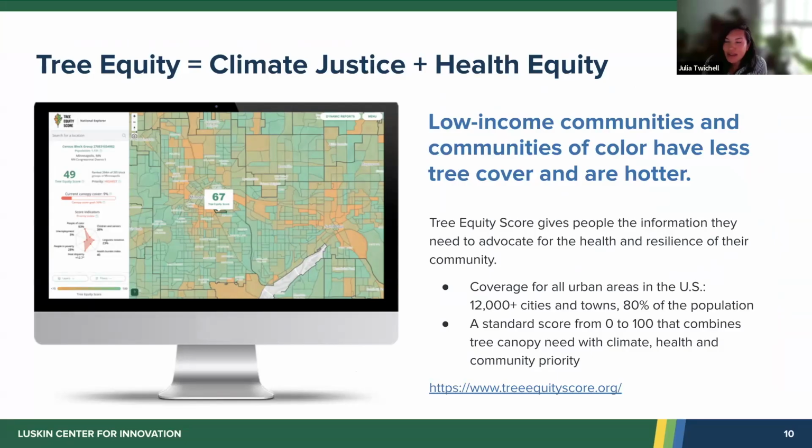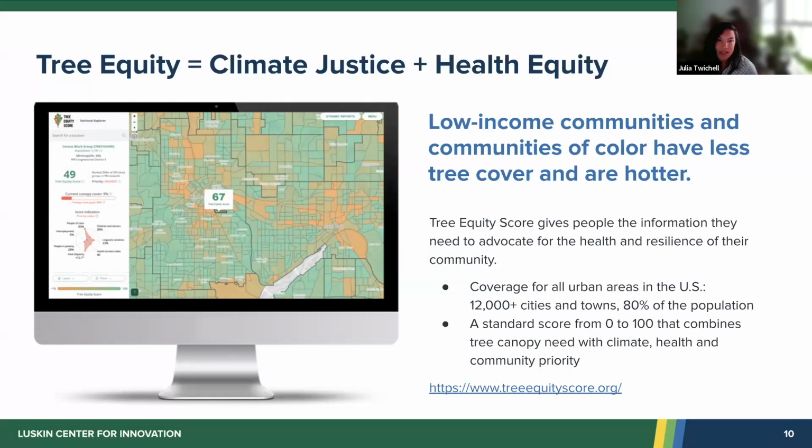So first, just a little bit about American Forests. We are a national nonprofit. We have 2 major programmatic focuses. One focus is our large landscape scale reforestation and restoration work, and our other focus is urban forestry and tree equity.